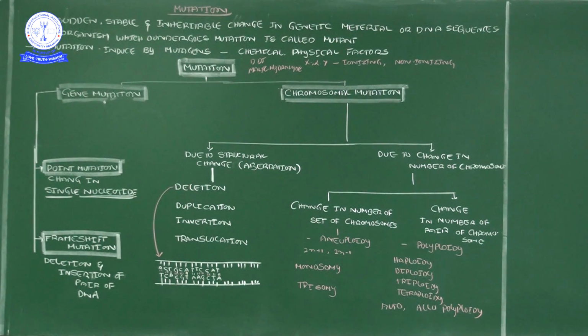Haplodiploidy we also saw. Then, in some organisms, sex determination is based on environmental factors also. Yesterday we saw temperature: based on temperature, some organisms' eggs develop into males at high temperature and females at low temperature. So that is the sex determination concept.